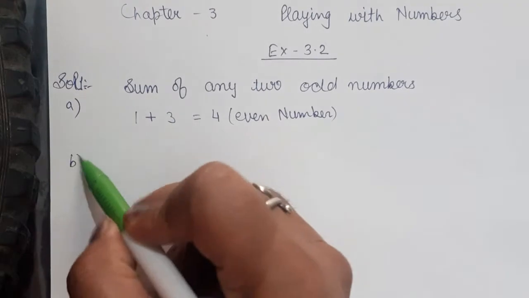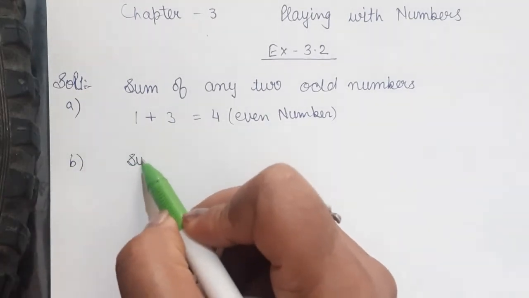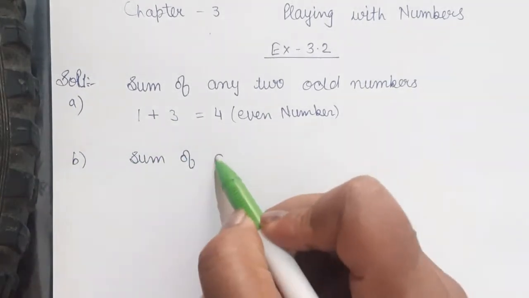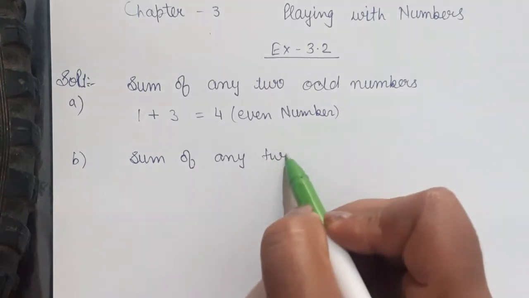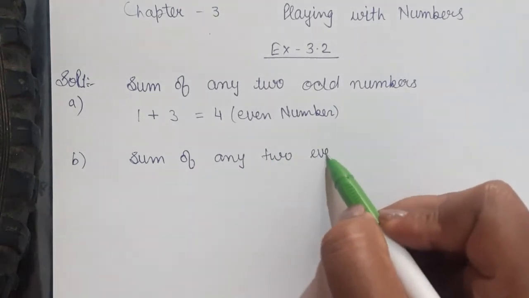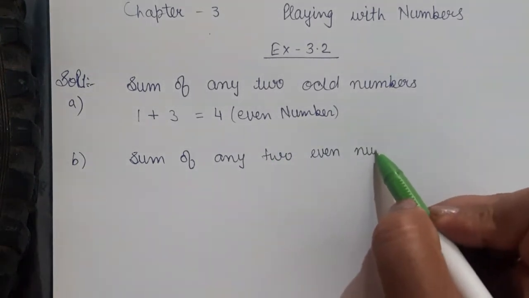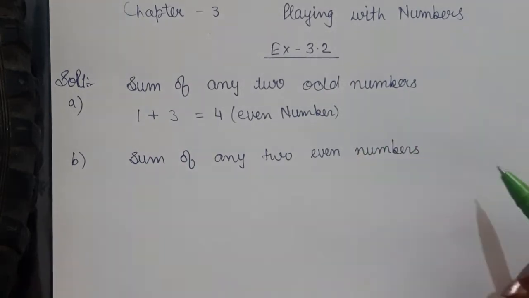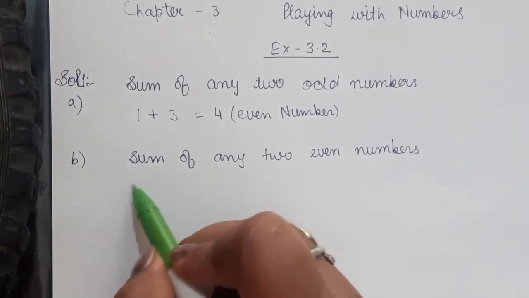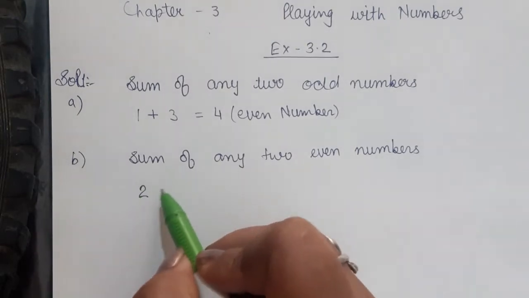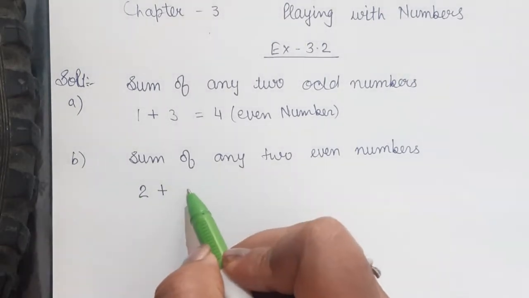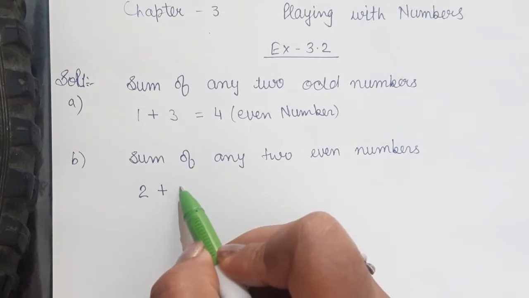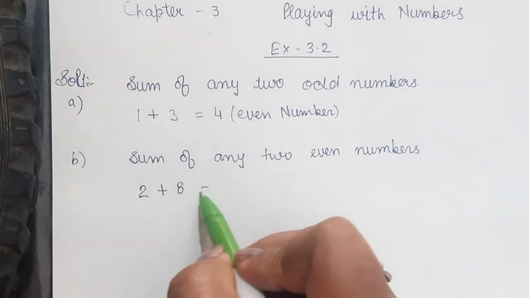In part B, the question was asking to find the sum of any two even numbers. Now we will take two even numbers. You can take numbers as per your wish and we can find so many answers. I am taking 2 as an even number, and for another even number, if I take 8, what will I get in the answer?